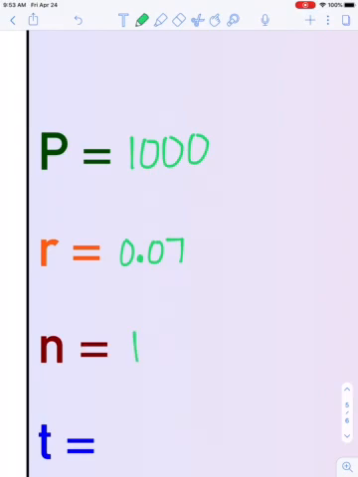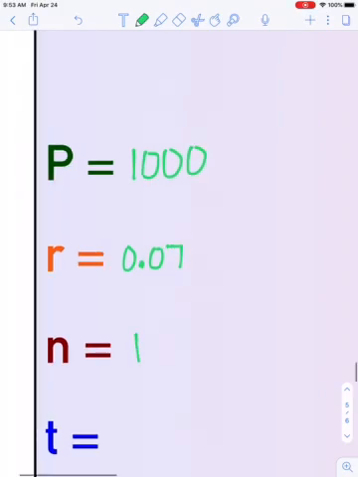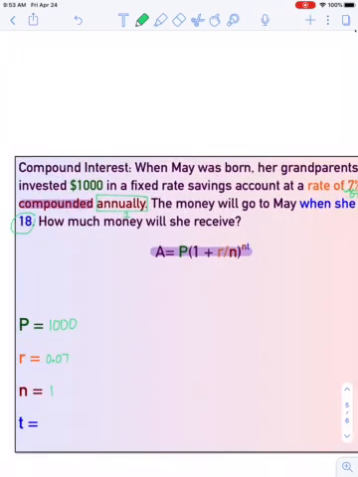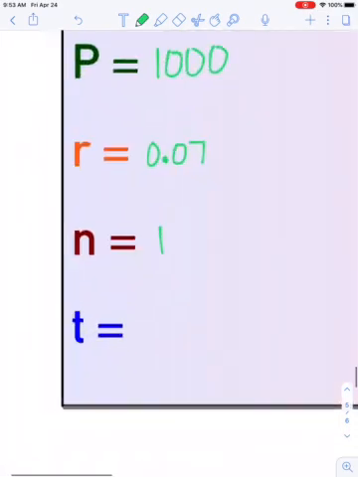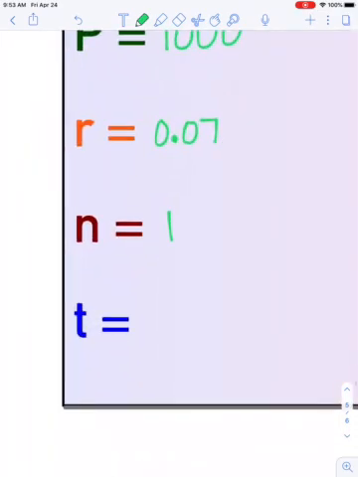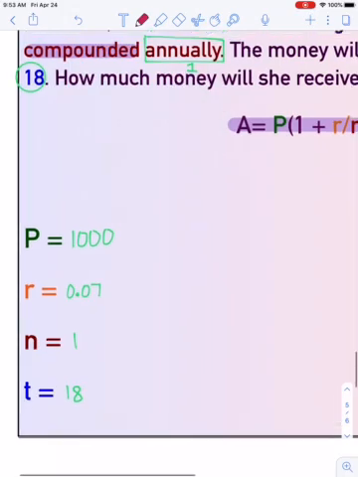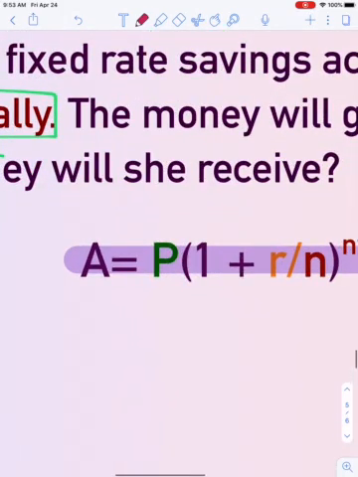So since it's annually, your N is 1. Finally, time. It says when she turns 18, and they did it when she was born, so that actually is 18 years. If it started when she was born and it goes until she's 18, then time is 18 years.